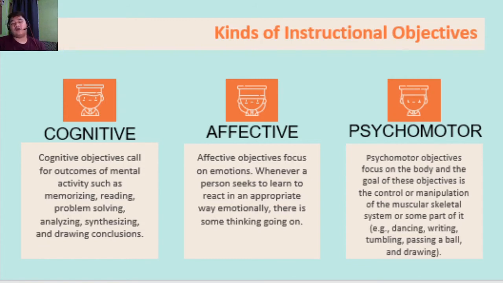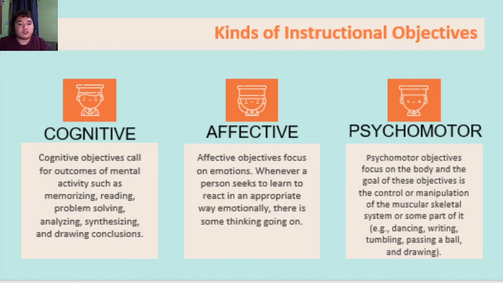What distinguishes affective objectives from cognitive objectives is that the goal of affective objectives is some kind of affective behavior or the product of an affect. An example of this is an attitude. The goal of cognitive objectives, on the other hand, is some kind of cognitive response or the product of a cognitive response, such as a problem solved.